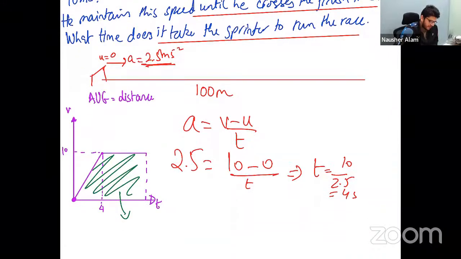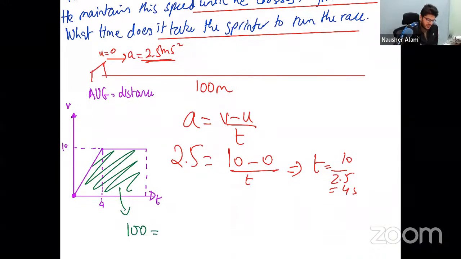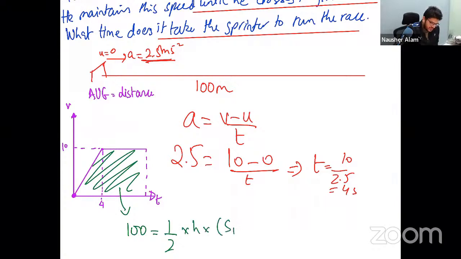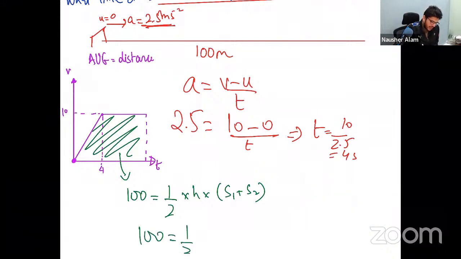So ये पूरा area under the graph is 100 is equals to 1/2 of, can you see this is a trapezium? ये सबको नजर आ रहा है that this is a trapezium? So half into height into sum of parallel sides. अब मुझे बताओ 100 is equals to 1/2 of, height कितनी है? 10. आपको पता ना ये height होती है, ये दो parallel sides होती हैं, जो दोनों parallel sides के बीच में distance होता है उसको height कहते हैं.